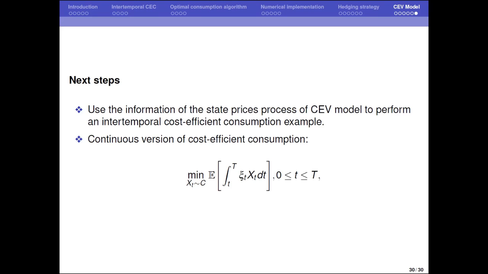But we have to add to that a copula, a dependency structure in the random variables. And that could be done using a result from Julia Di Nunno et al., where they have studied the copula measures. So they gave a dependence structure to a random variable in continuous time.